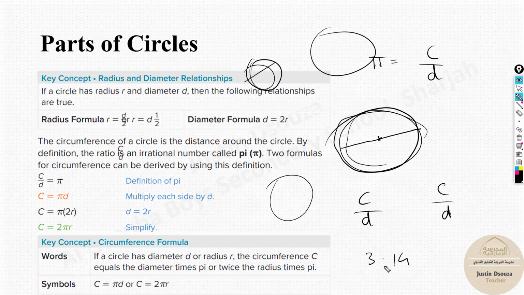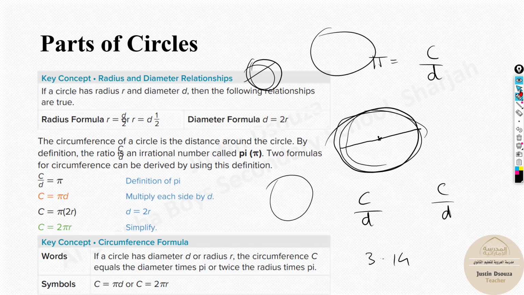He was not accurate enough, but he was one of the first persons to find the pi value. He came to know that if you divide the circumference by diameter, you get pi. And then eventually the pi value was found out, and now we know pi is so widely used. So this is the ratio, the circumference by the diameter.